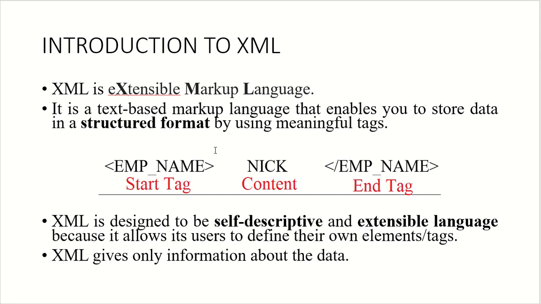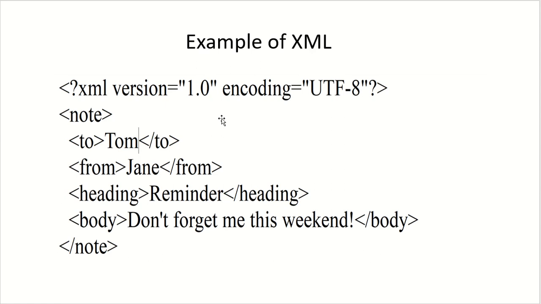For example, if I show you an example of an XML document, in this you can see the first line, I'll discuss it afterwards. You start with the second line. Now the second line tells that this is a note. The third line tells who the note is to. The fourth line tells who the note is from.